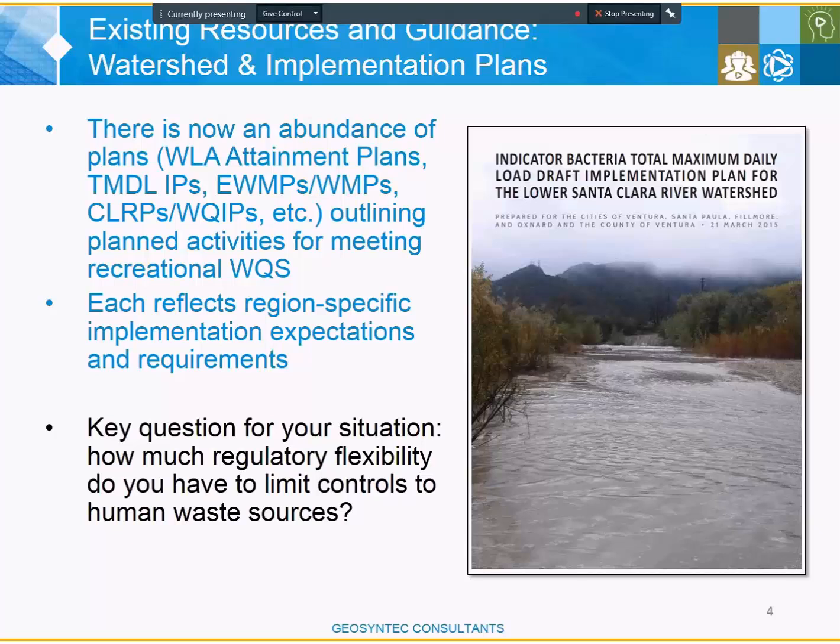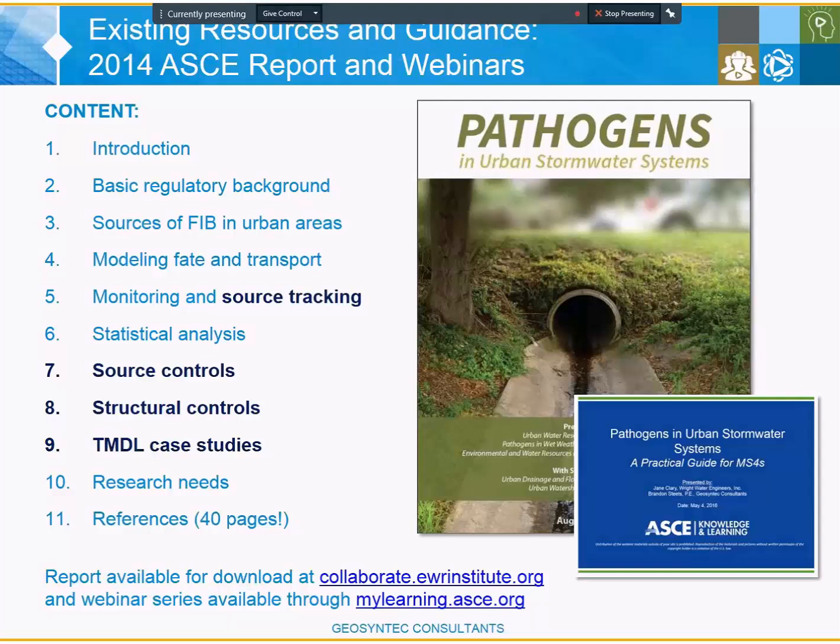So another guidance that we produced, I was co-editor with Dr. Pitt from University of Alabama, and Jane Clary from Wright Water Engineers, is the Pathogens in Urban Stormwater Systems report. It's a guidance manual written for the American Society of Civil Engineers, Environmental Water Resources Institute, and the content is shown here.